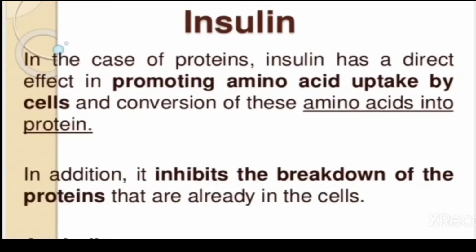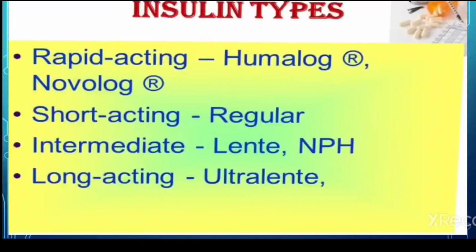In the case of proteins, insulin has a direct effect in promoting amino acid uptake by the cells and converting amino acids into proteins, and it inhibits the breakdown of the proteins that are already in the cells.